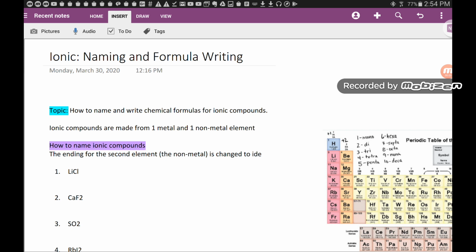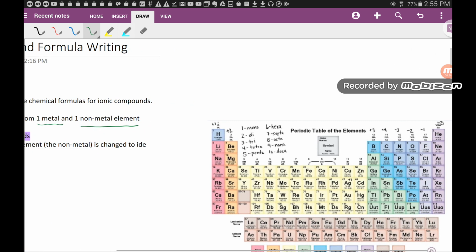Hello, I bring you today the topic of naming and formula writing for ionic compounds. To start off with, I would like to remind you, ionic compounds are made from one metal and one non-metal element. So once again, the metals are on this side of the periodic table, to the staircase.